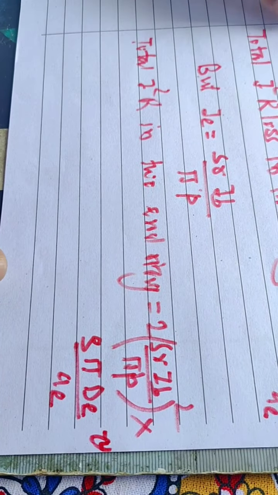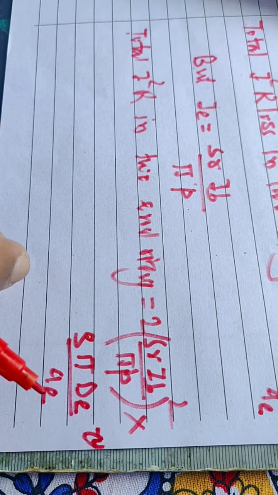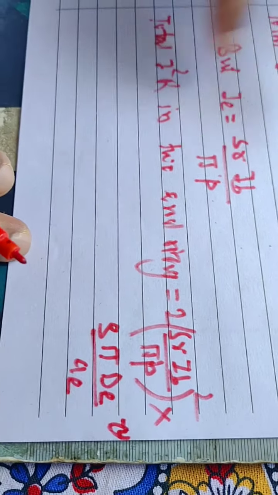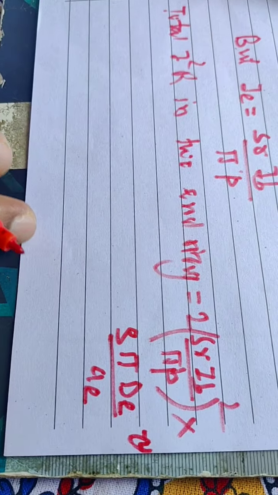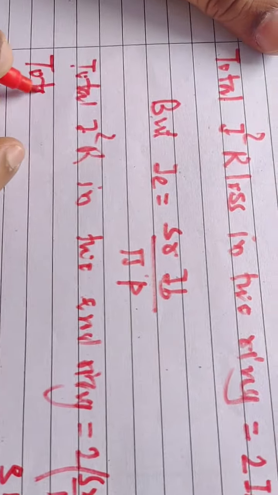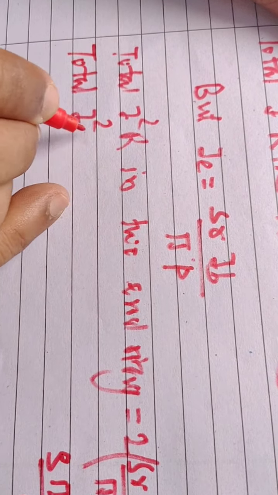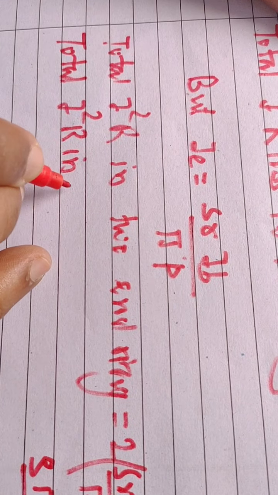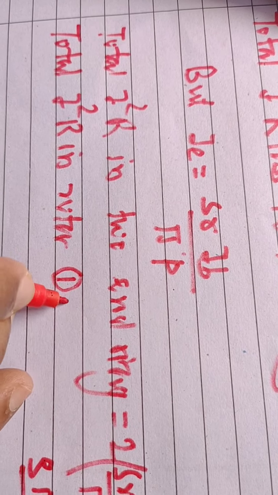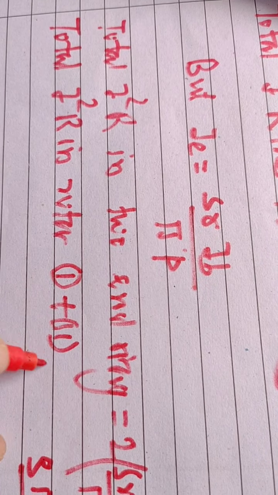So adding copper loss from the bars with copper loss in the end rings, total copper loss in rotor, this is equation 1 plus equation 2.